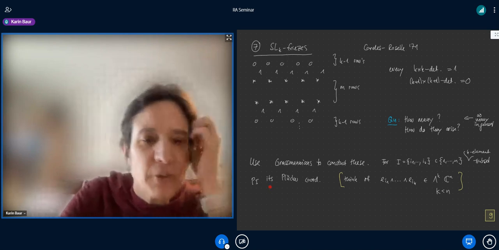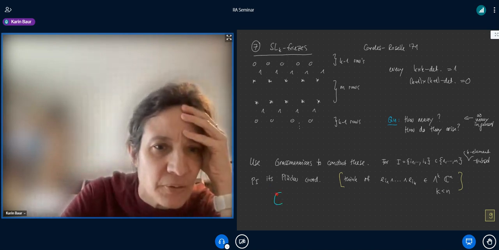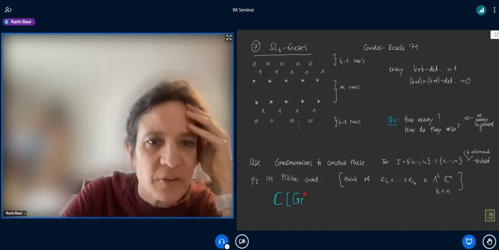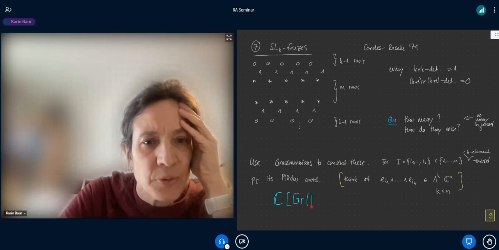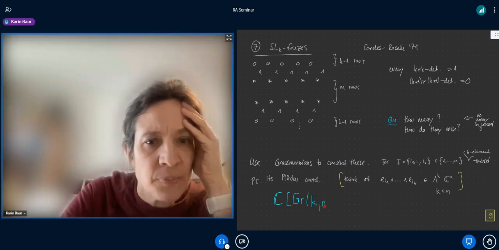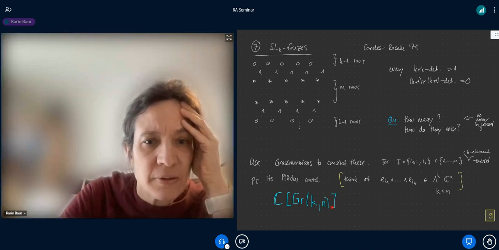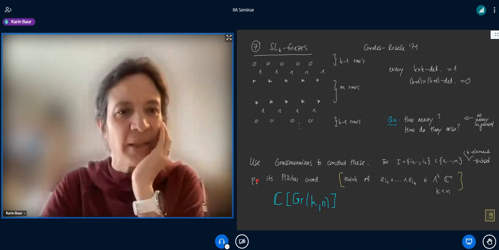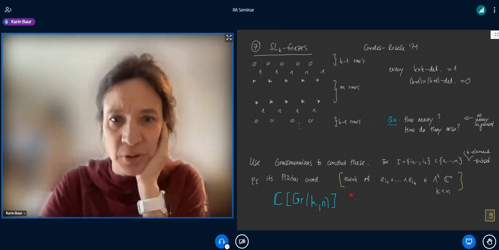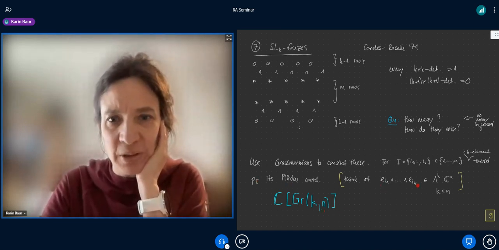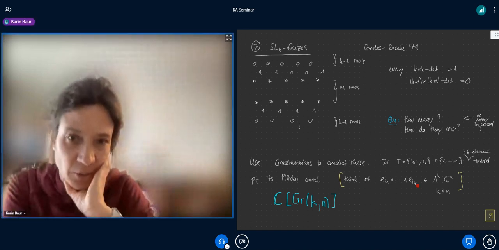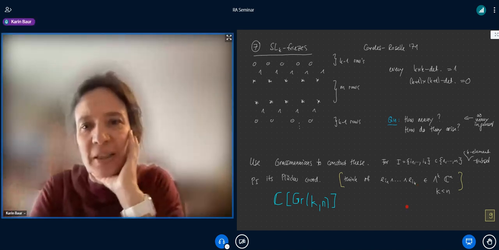So if you're familiar with the Grassmannian, it's really an algebraic variety of k-dimensional subspaces of C^n or R^n. And in the coordinate ring, there are some nice elements which are called Plücker coordinates, which you can think of as coming from these wedge products in the exterior algebra.